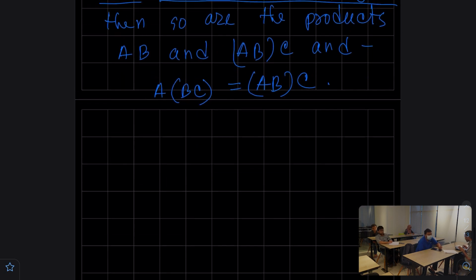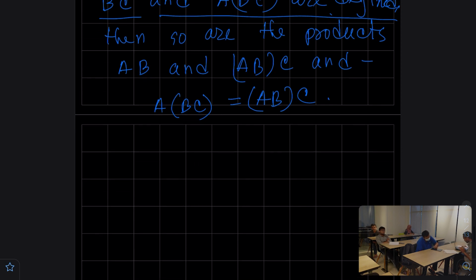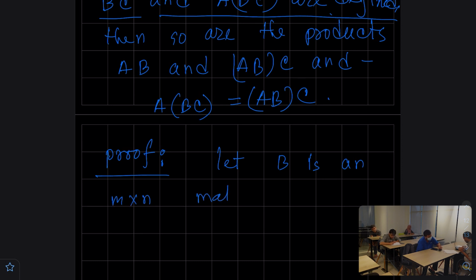That means, let's just start the scratch of the proof. Let B be an M cross N matrix.